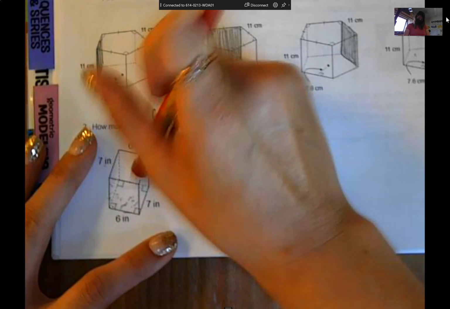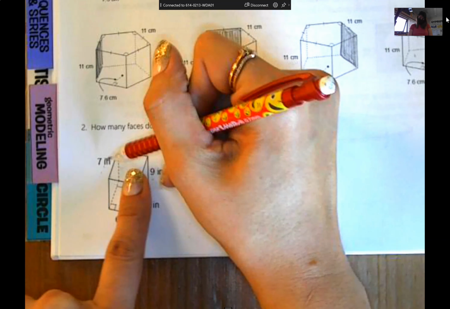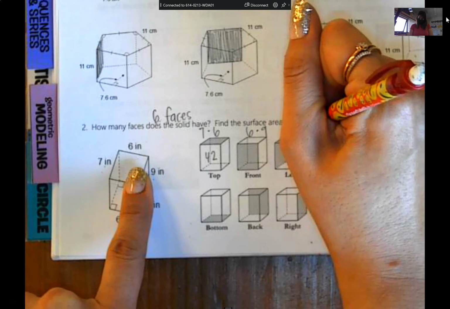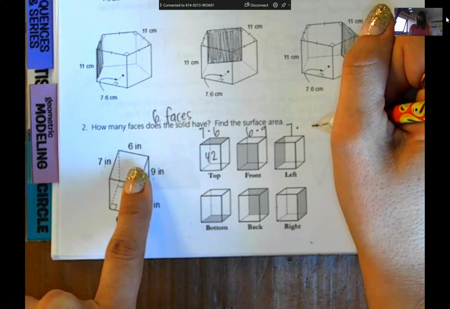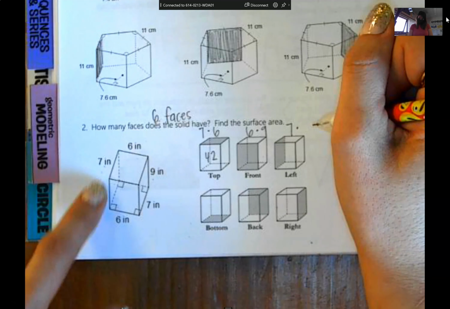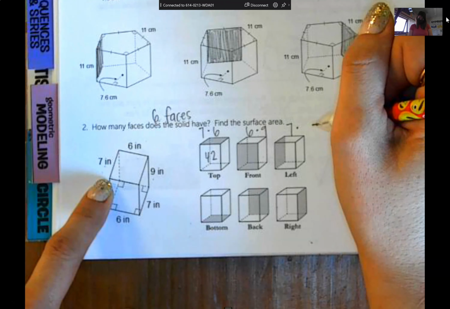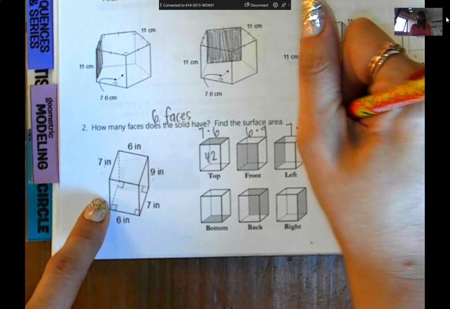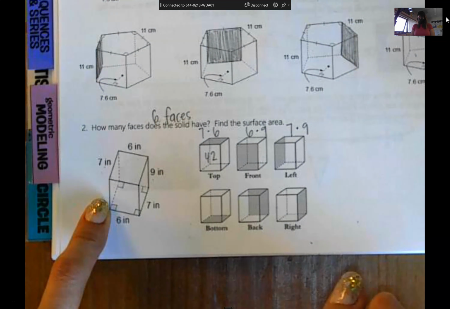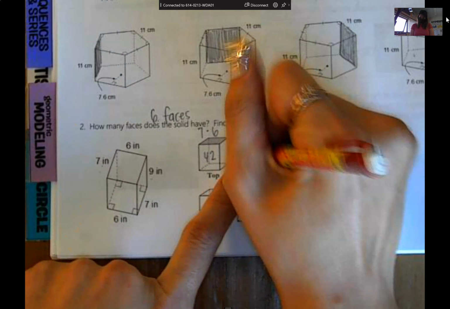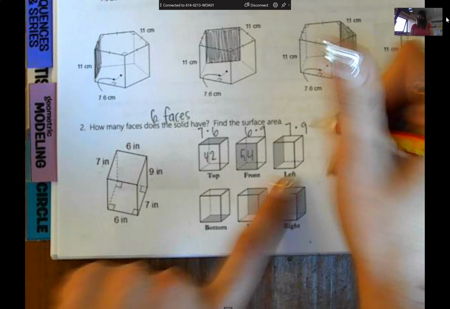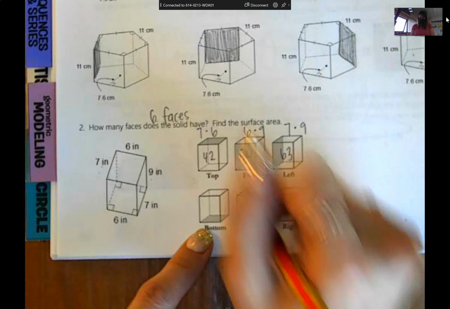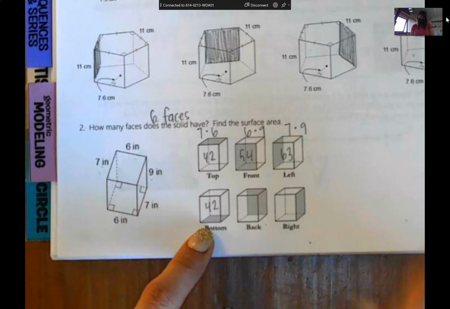Okay, the left-hand side has a length of 7 and a width of 7. Is that true? No. 9. Okay, so we had 42, 54, 63. The bottom is the same as the top, so that's going to be 42.